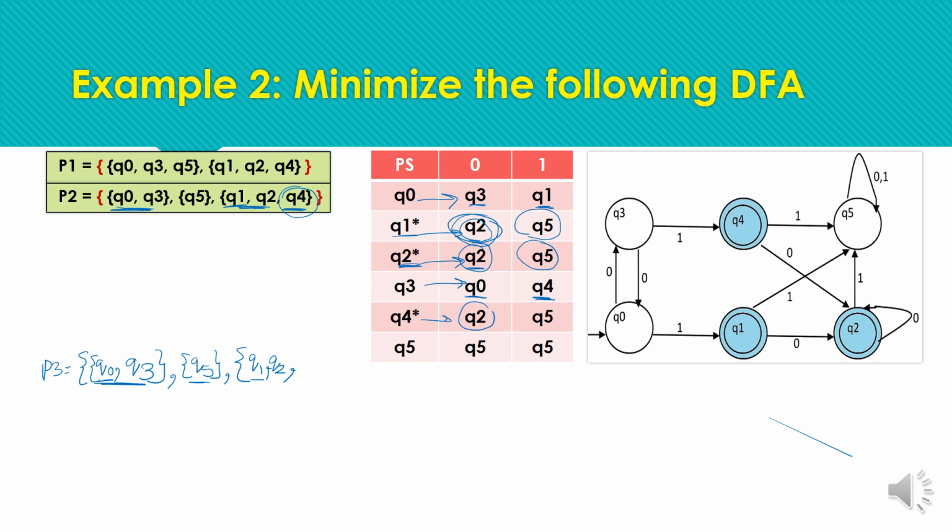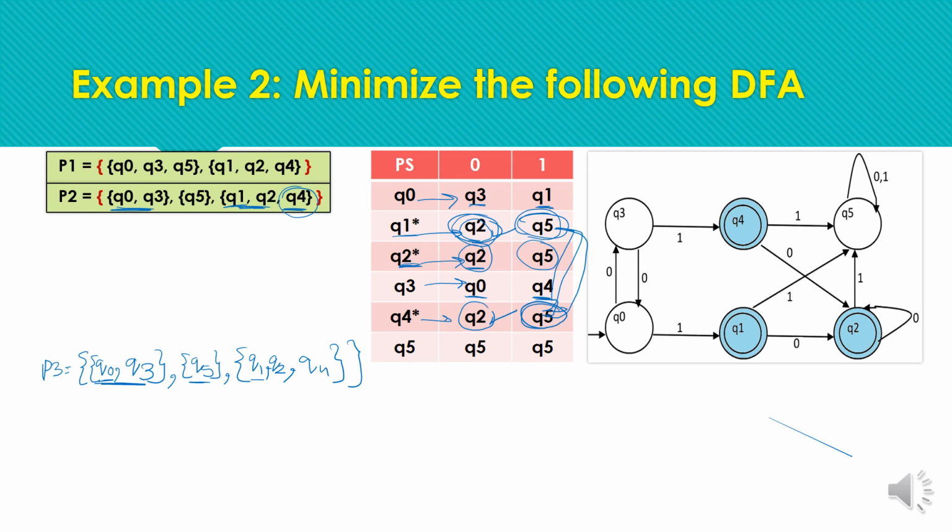So Q4 and Q1 are compatible for input symbol 0. Next, from Q4 we are moving to state Q5 for input symbol 1, and from Q1 also we are moving to the same state. As we are getting the same state for input symbol 1, we can say that Q4 is also compatible with the other states of the same group.